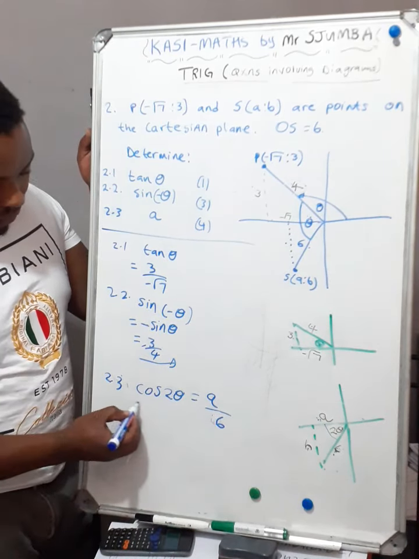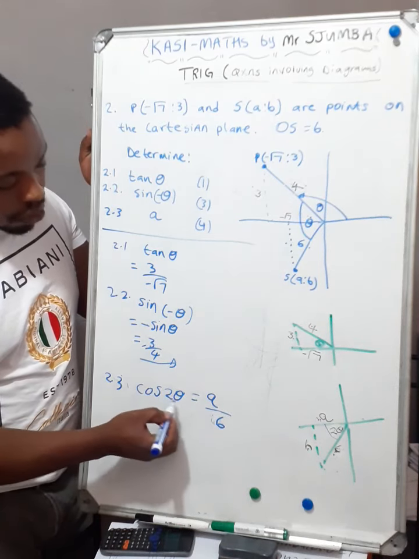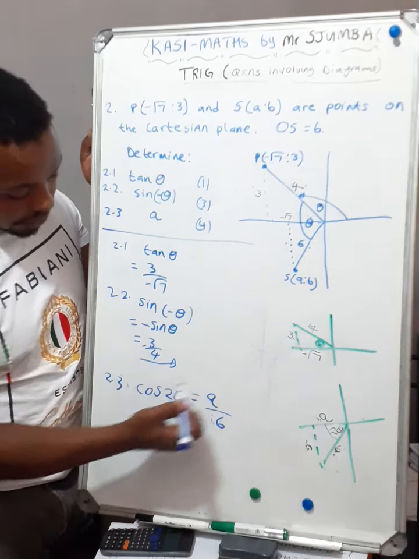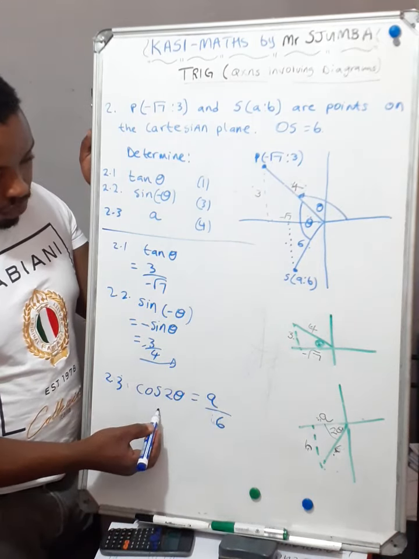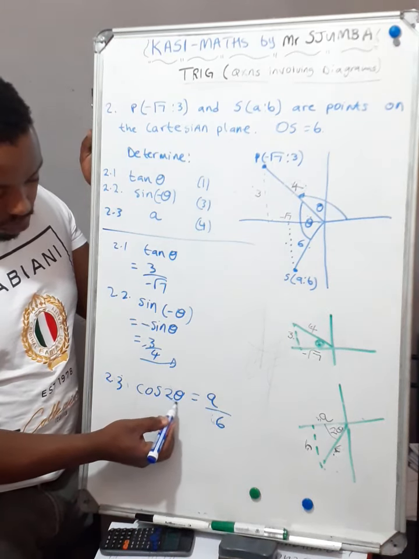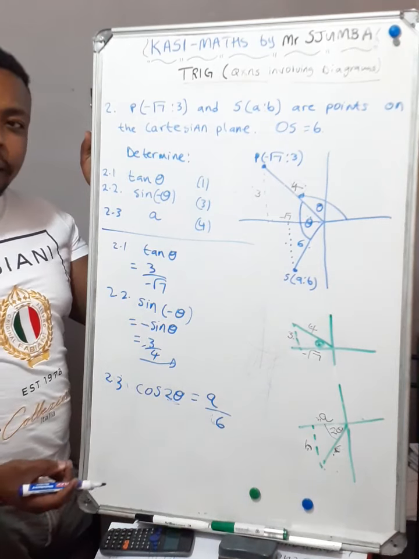So how do we take this cos theta? Cos theta is adjacent over hypotenuse, so we write negative root 7 over 4, but this is not cos theta, this is cos 2 theta. But you know 2 theta is a double angle, right?